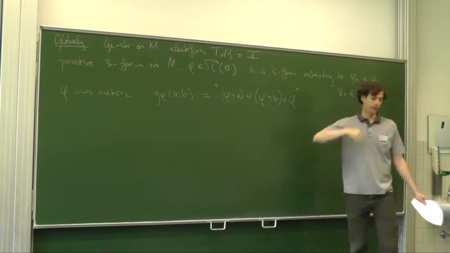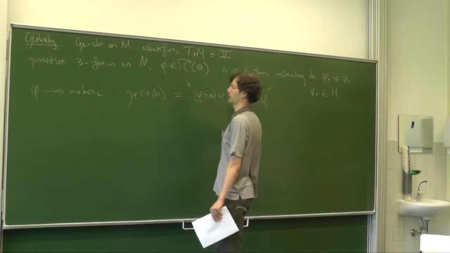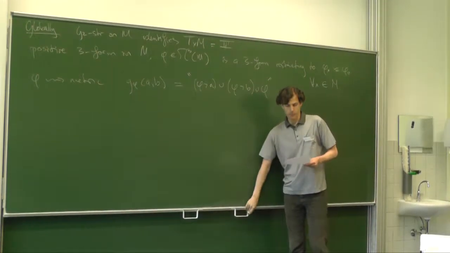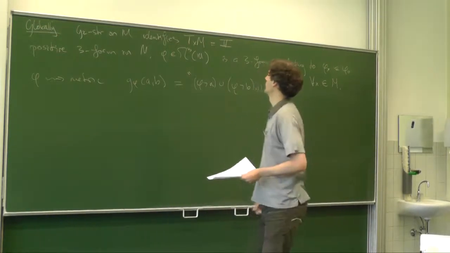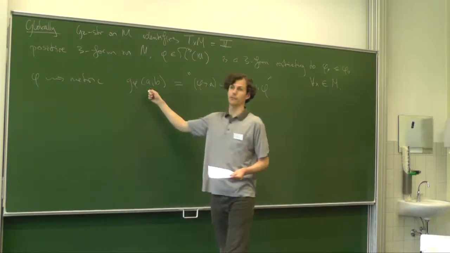And then there's an extra round of thinking you need to do. At the moment this is some sort of conformal class of metric, but you can actually make this strict and get a metric. So being positive is precisely equivalent to this metric being non-degenerate.